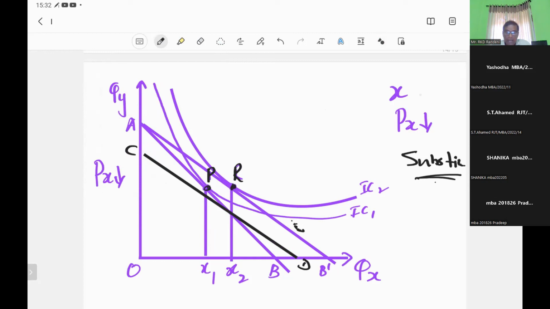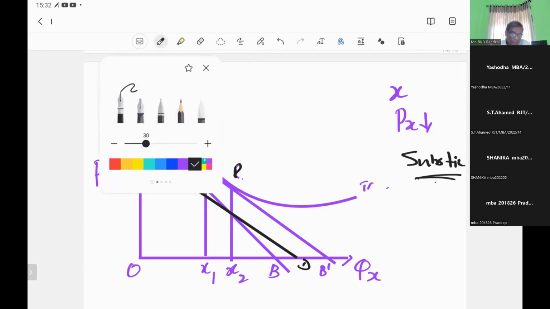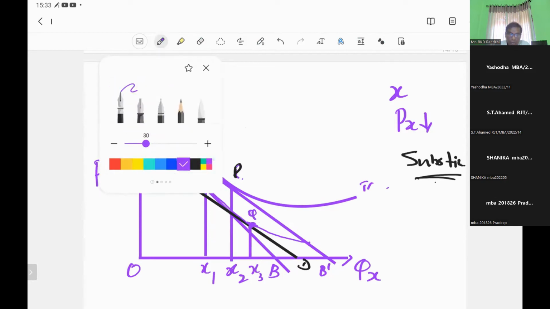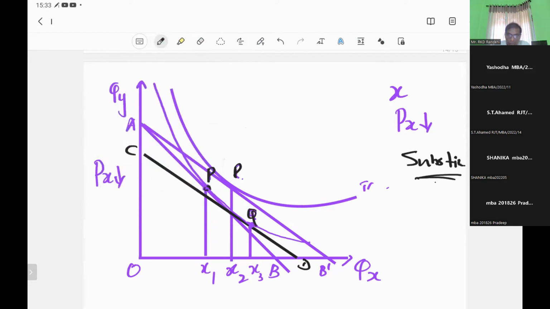Now there is a problem. You have to delete this curve. Here is the tangent point, here X3. Now you can identify the point Q. Here Q, here P and R.